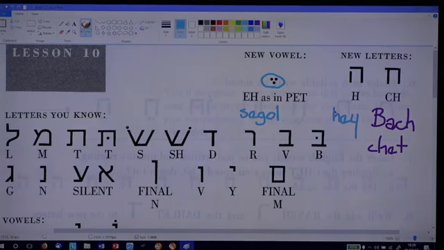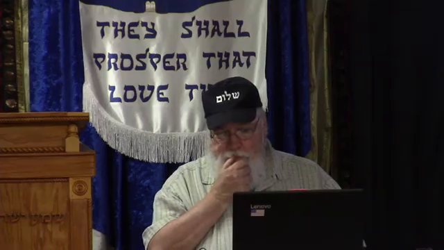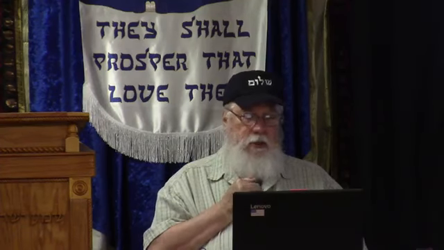Yep, that's how to pronounce it. And it's pronounced eh, as in pet. Okay, wait a minute, we just had an eh. Now we got another eh. Yep. Why are there two eh? Because grammar.